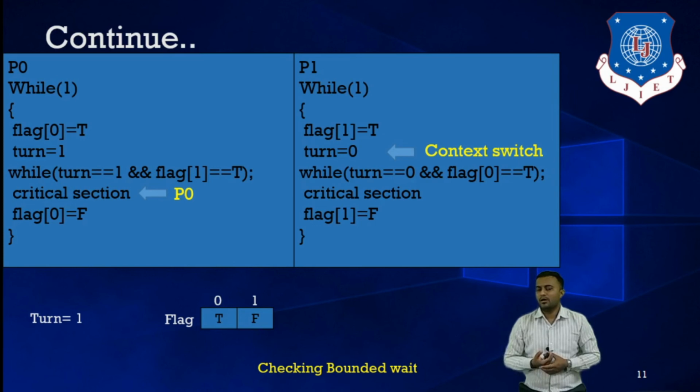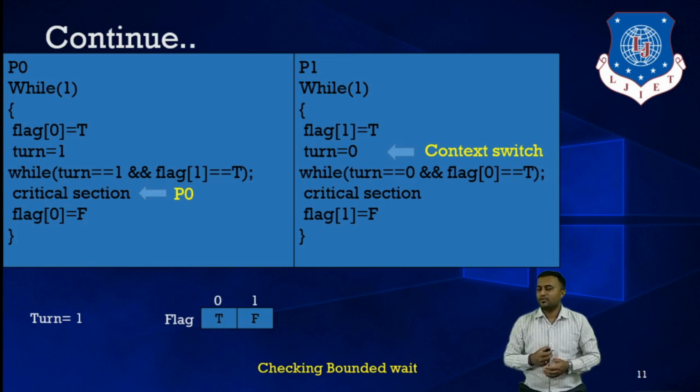Suppose we are executing P0 and flag of 0 is true, and the turn variable we have set to 1. The condition turn equal to 1 is true, and flag of 1 is false, while the condition requires flag of 1 to be true. These two values do not match, one is true and one is false, so the output is false. So we come out of this loop, and definitely P0 enters into the critical section.